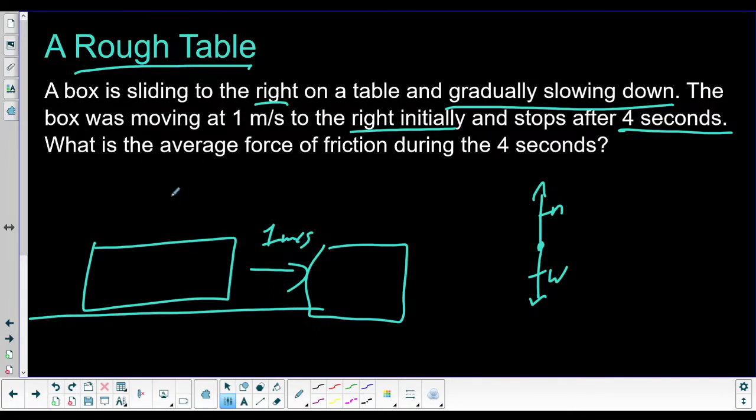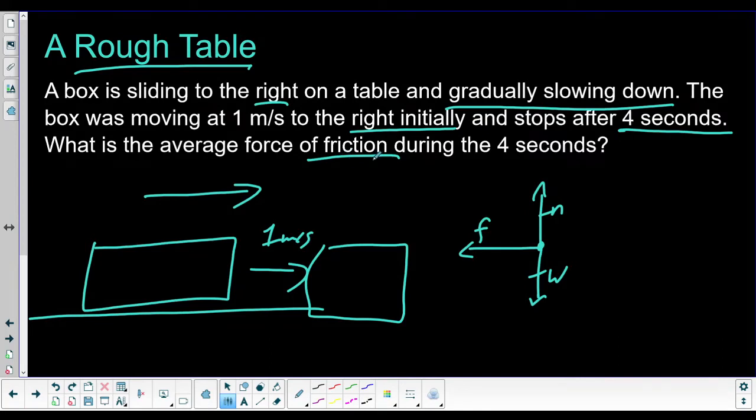Now, because our object is moving to the right, we know friction opposes the way you're trying to go. If I try and push a table to the right, friction is going to push against me to try and keep that from happening, so it'll go left. So because our object is sliding to the right, we have to have friction to the left.